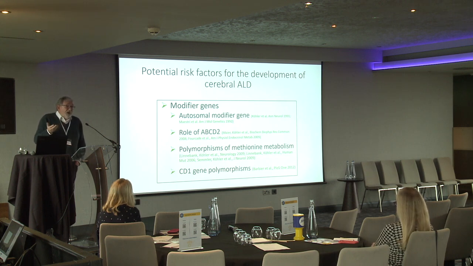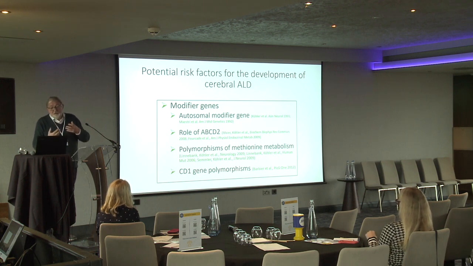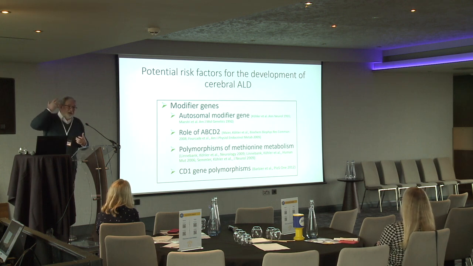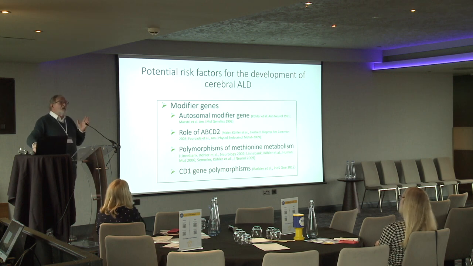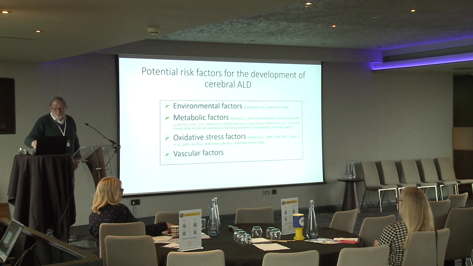So maybe changing the role of other transporters, ABCD2 for example, or some polymorphisms that are involved in some metabolism of the brain, which is important for getting new white matter, for example, methionine metabolism. So there are a lot of ideas, but none of these really comes to the front as really being the truth. But there may be some things important in some other genes that we don't know yet.